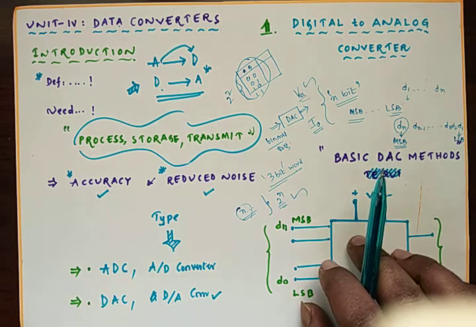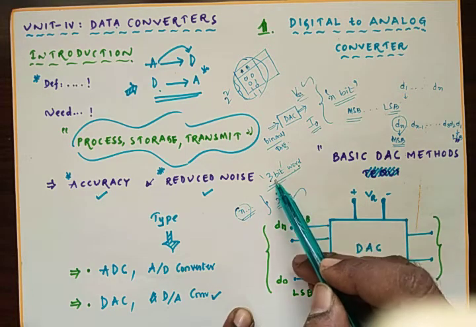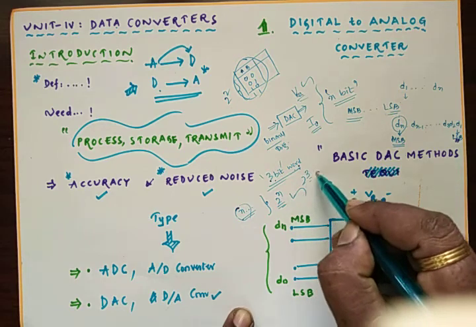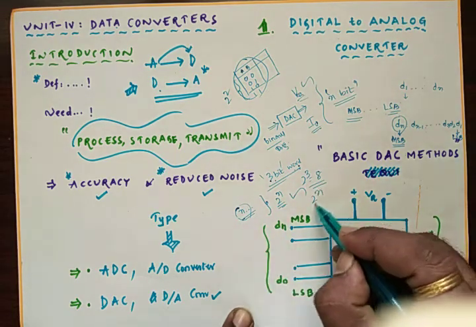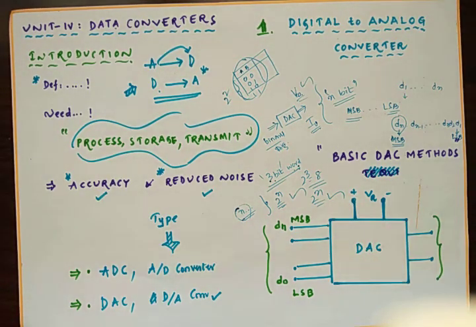If the DAC has a 3-bit binary input, it can have 2 power of 3 combinations, so 8 combinations. If it has n bits, it can have 2 power of n combinations. Likewise, we can define the size of the digital to analog converter.